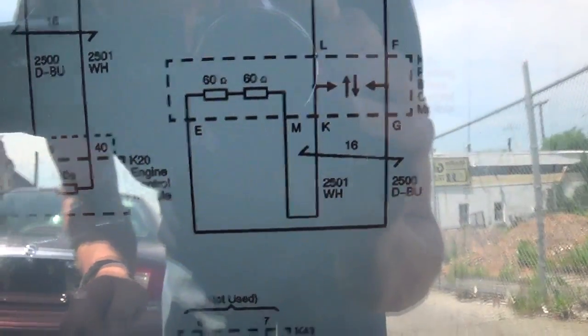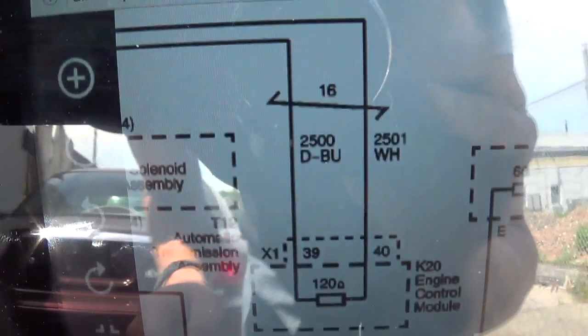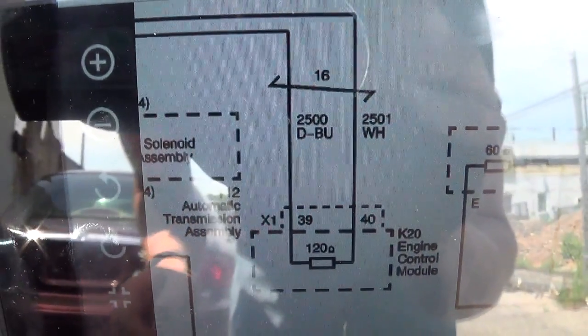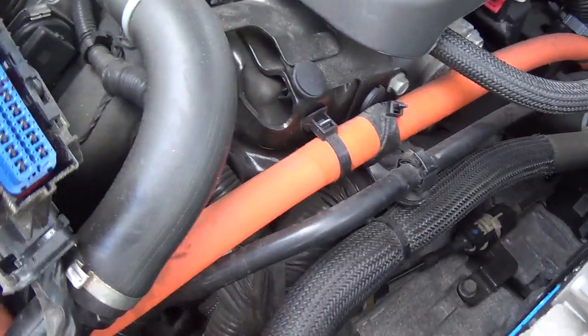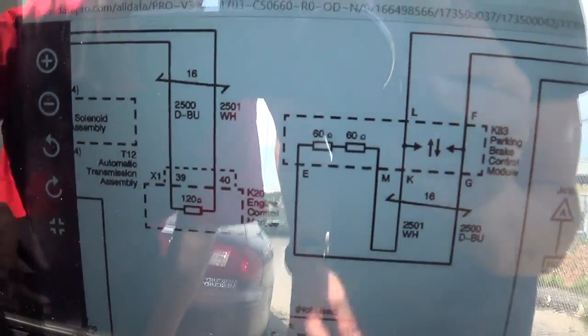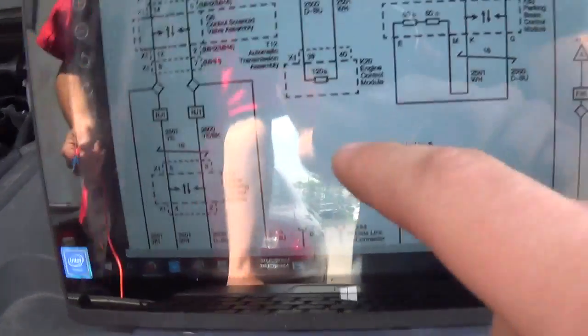Let's see. Engine control module 39, 40, and those are white and dark blue. Well, we know the pin numbers. It's 39 and 40. Now, if we go back out and go into an ECM connector view, okay, it'll make it a little bit easier.